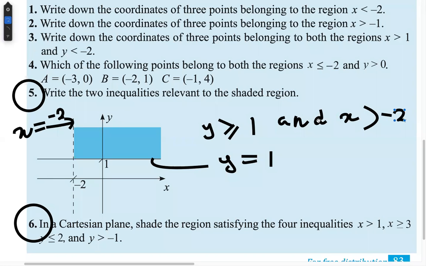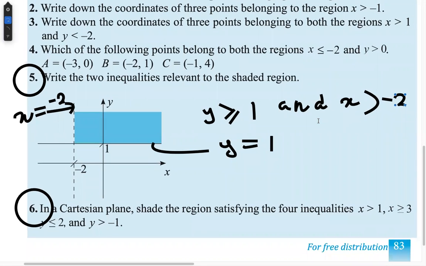Sixth one: in a Cartesian plane, shade the region satisfying the four inequalities.